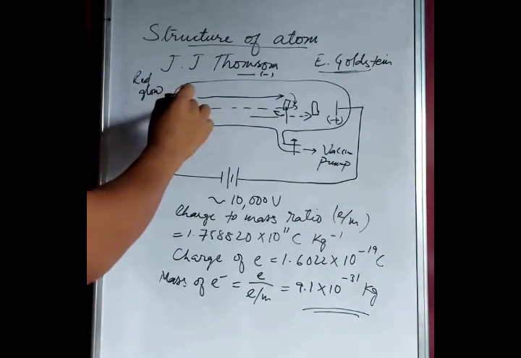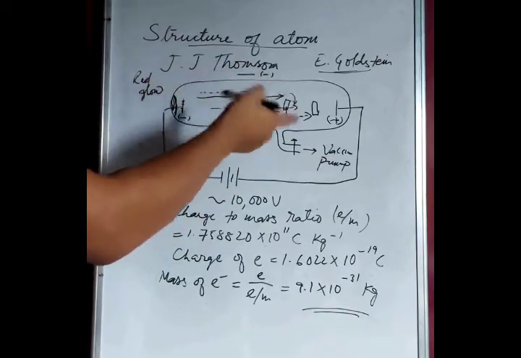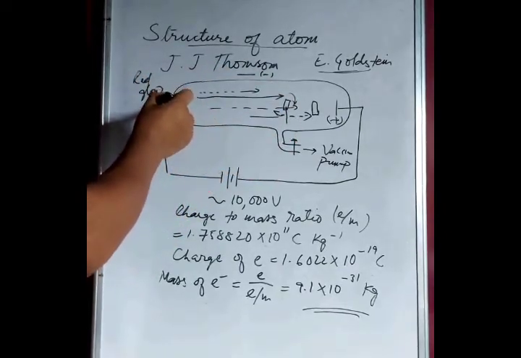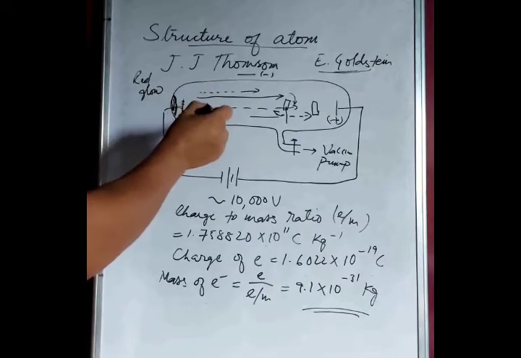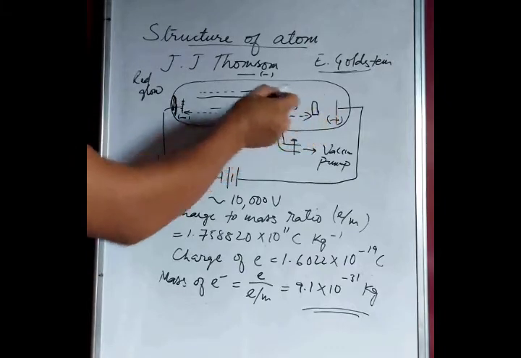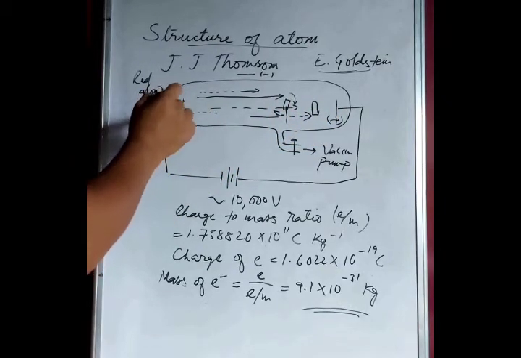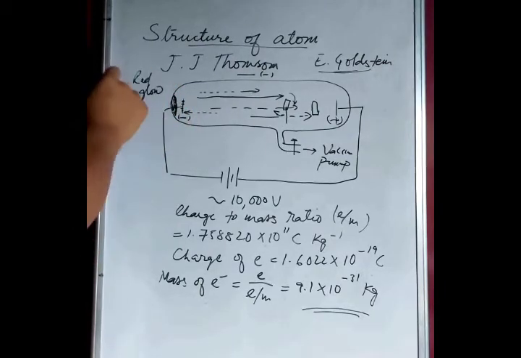That means if the negatively charged particles were migrating from the cathode side, and there is a red glow, this suggests that there must be another type of ray coming from the anode towards the cathode side and making the portion behind the cathode terminal glow.